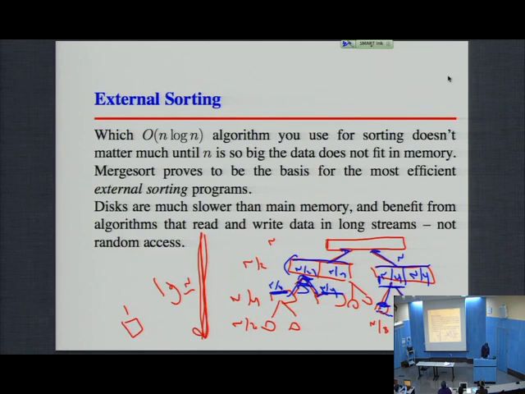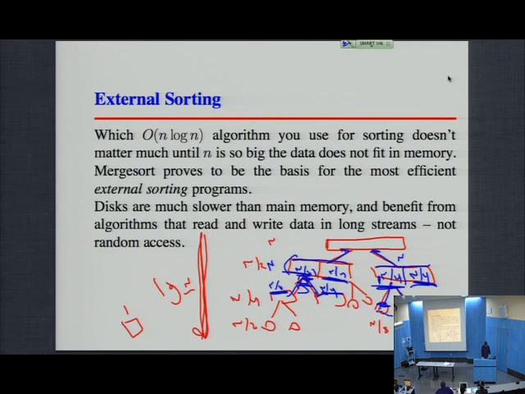Because if it's n over 4 steps to produce this, and n over 4 steps to produce this, and n over 4 steps to produce that, and n over 4 steps to produce that, 4 times n over 4 is what? N. This is the same pattern that we're going to have on the next level.